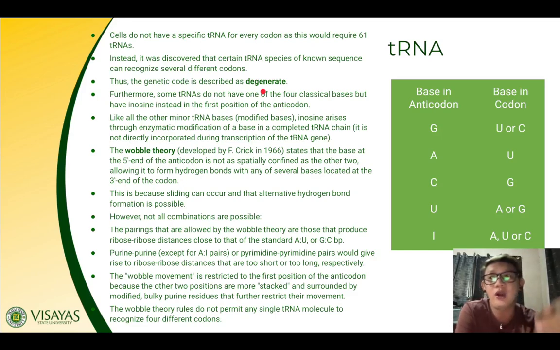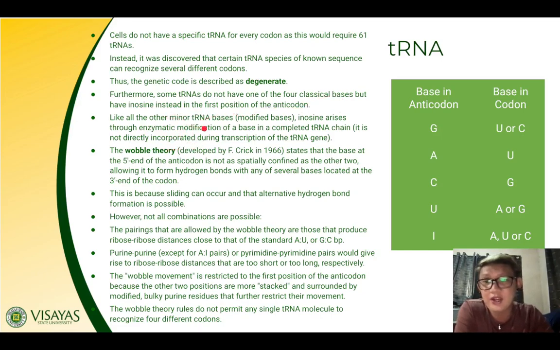If we go back to the genetic code that I showed you earlier, before the start of the discussion, you will notice that several codons could code for the same amino acid. That is why we call it the degeneracy of the genetic code. Furthermore, some tRNAs do not have one of the 4 classical bases but have inosine instead in the first position of the anticodon.